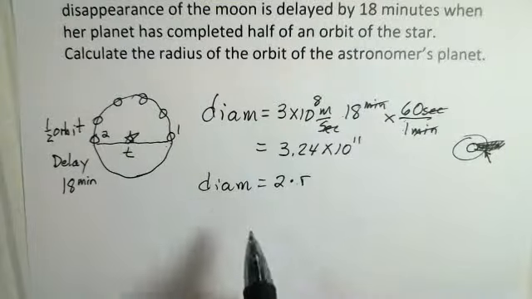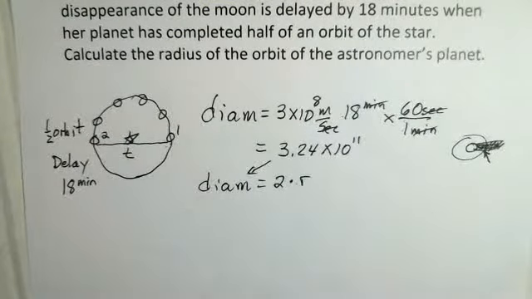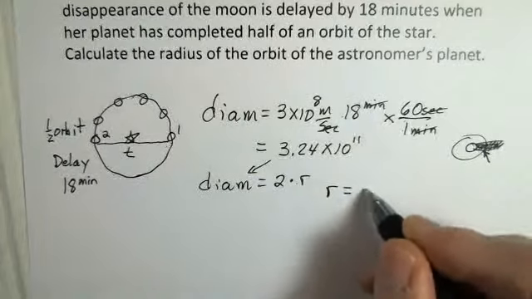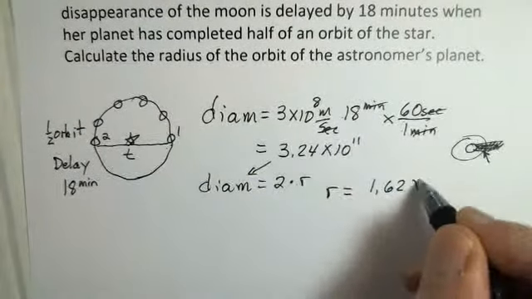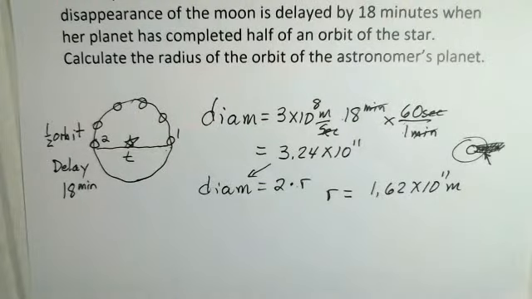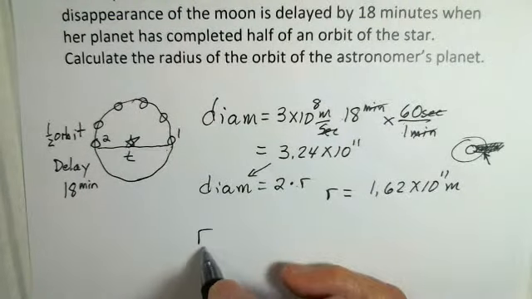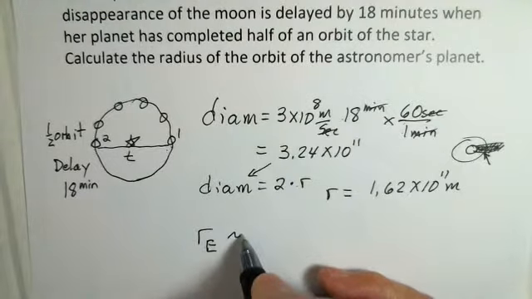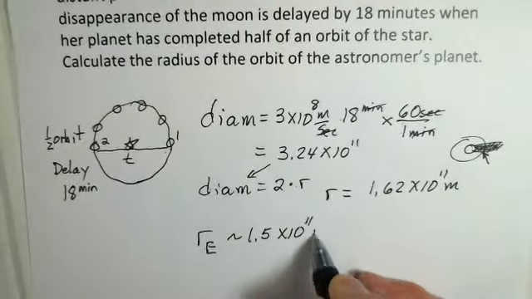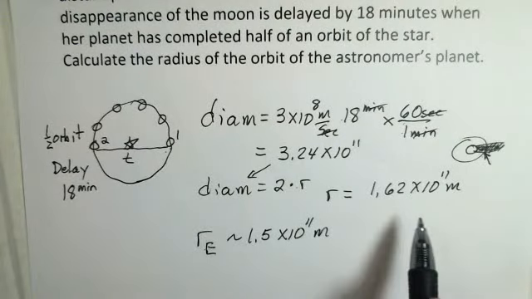So we have the diameter number, we divide that by 2, and I found a radius of 1.62 times 10 to the 11th meters. Is there anything we could compare that to? Well, yes. The radius for the Earth's orbit is about 1.5 times 10 to the 11th meters. So this is a reasonable result.